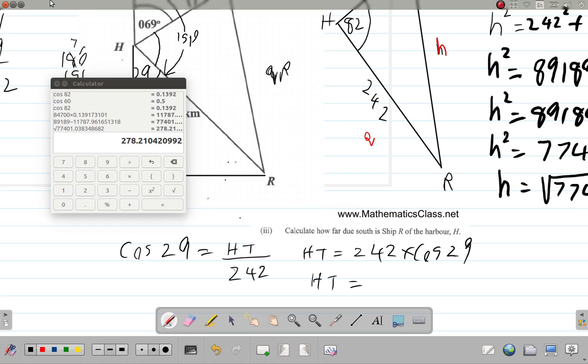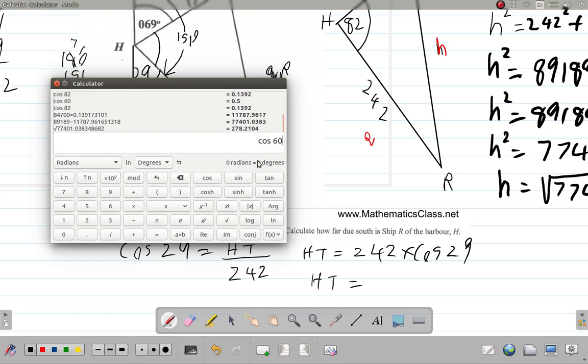Back to the calculator, in advanced mode. Cosine of 29 equals 0.87 something. 242 times 0.87 something equals 211.65.